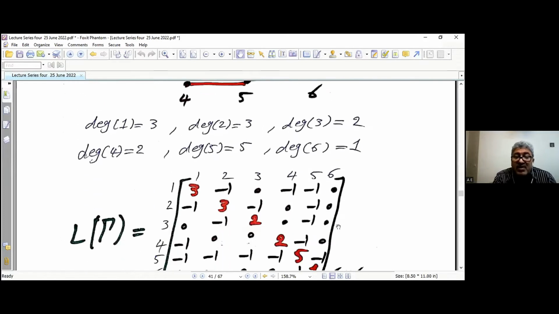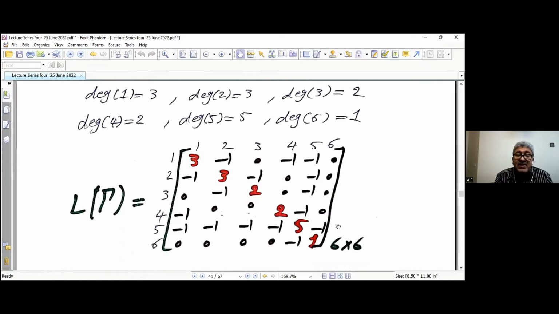Now, look here. On the diagonal is the degree of the vertex. So 3 is for vertex 1 on the diagonal. The entry 1,1 is 3 because the degree of 1 is 3.